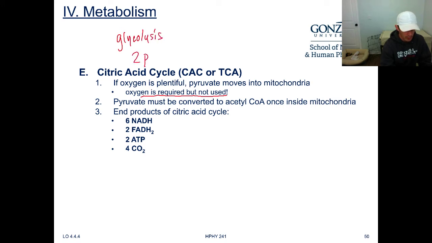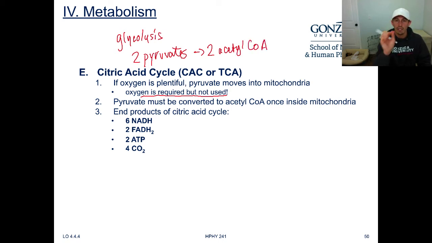Remember, 2 pyruvates. Those will get converted into 2 molecules of acetyl-CoA. And then those 2 molecules of acetyl-CoA will each go through this citric acid cycle once.